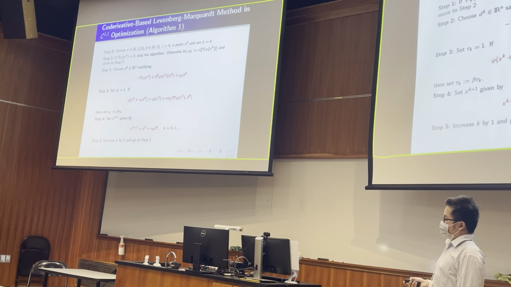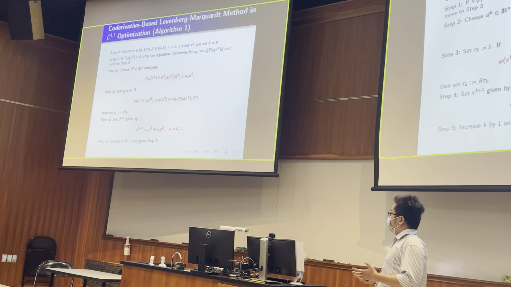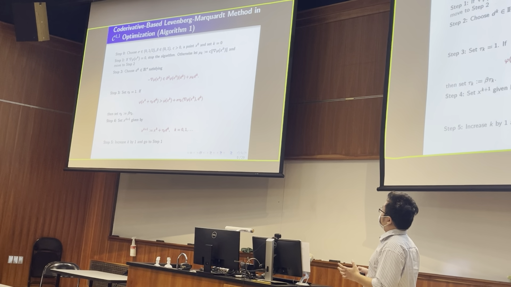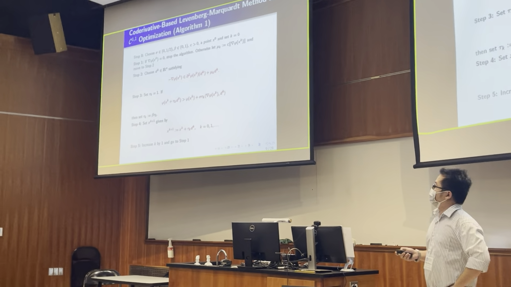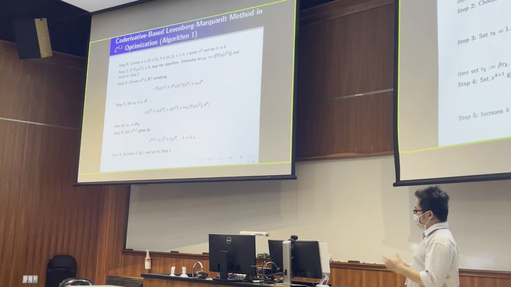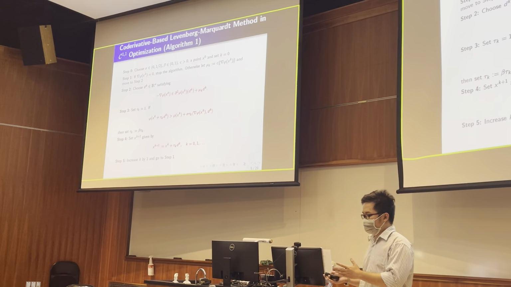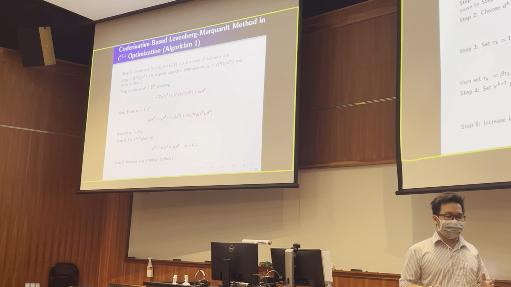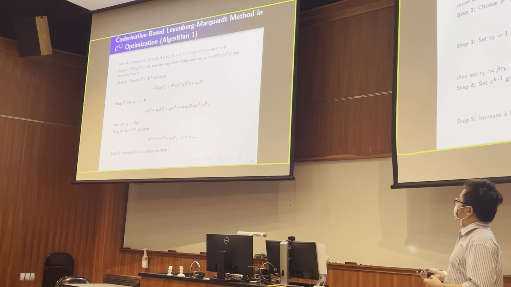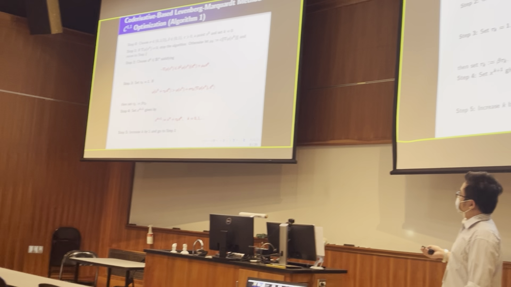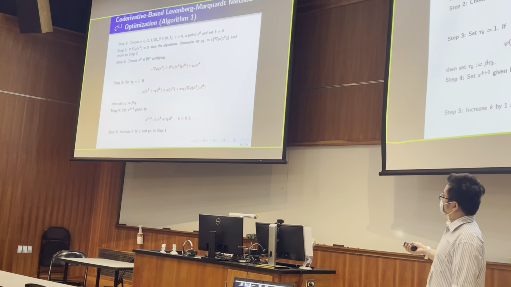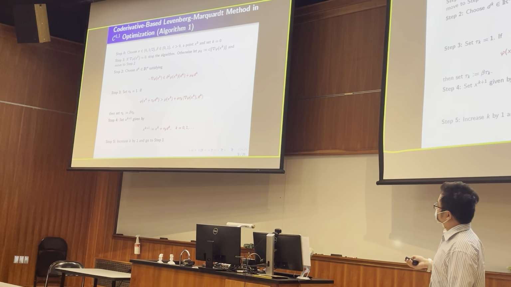The first algorithm is the coderivative-based Levenberg-Marquardt method for C^{1,1} optimization. The difference between our algorithm and the classical Levenberg-Marquardt method is in step 2. Instead of solving the linear equation, we solve this inclusion.